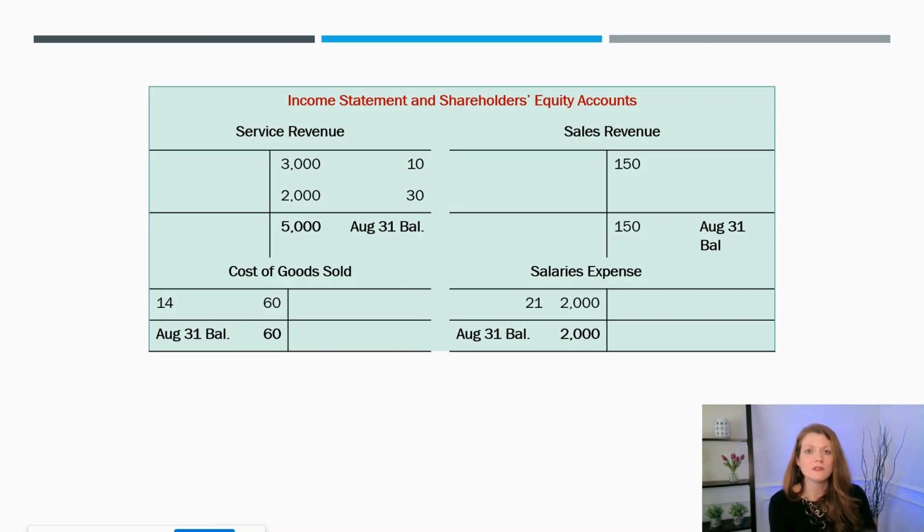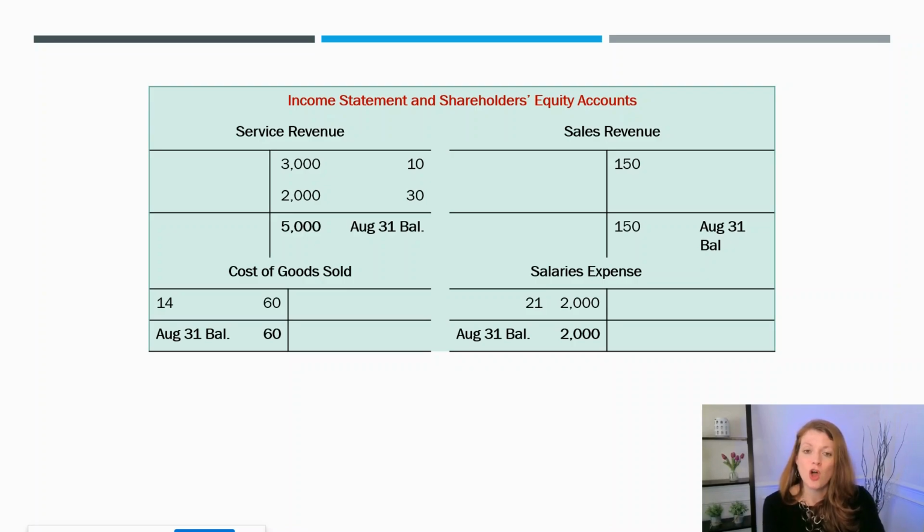And you can have several different revenue accounts if you have different aspects of your business, for sure. Cost of goods sold, treated like an expense, so it has a debit balance just like salaries expense. Cost of goods sold, typically we see in the multiple step income statement, and it'll have revenue, cost of goods sold, and that will give us our gross profit. Then all the rest of the expenses are listed out, but we'll review on that soon.